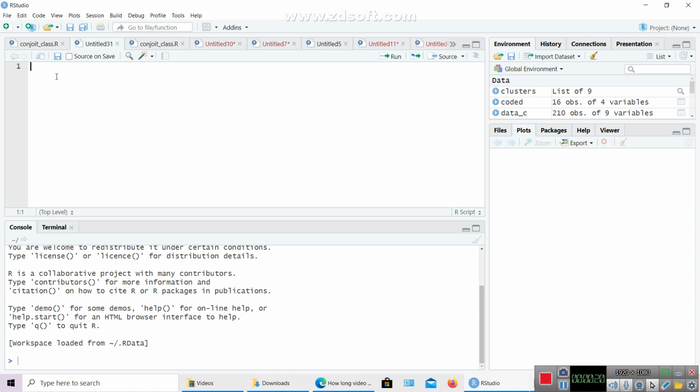Conjoint analysis is generally used to identify the attributes which consumers are seeking in particular products and services. It also helps us in identifying which attributes are important, which are less important, or which are entirely irrelevant from the customer's point of view when they are making their purchase decisions.